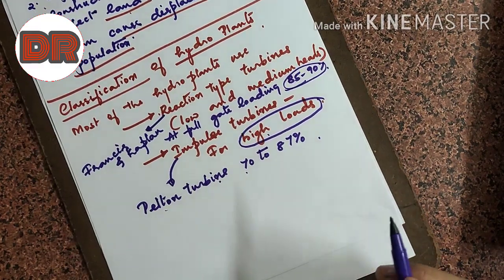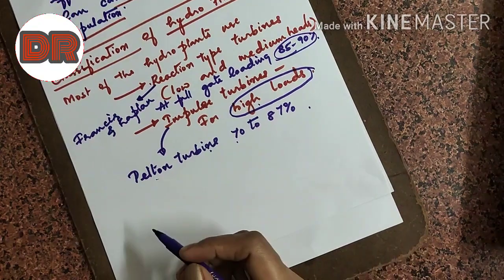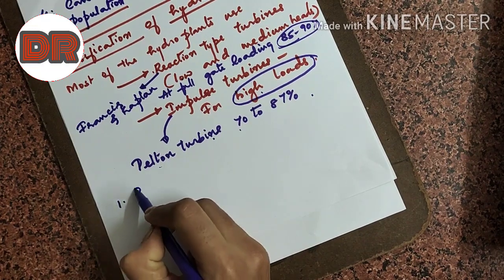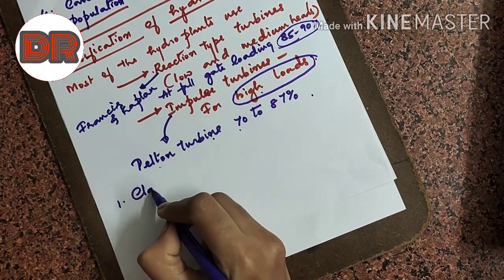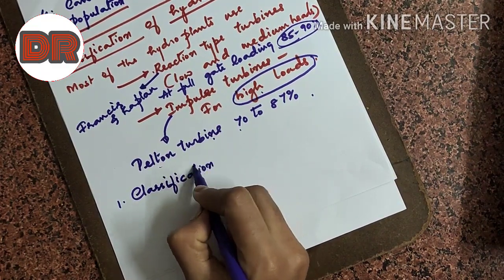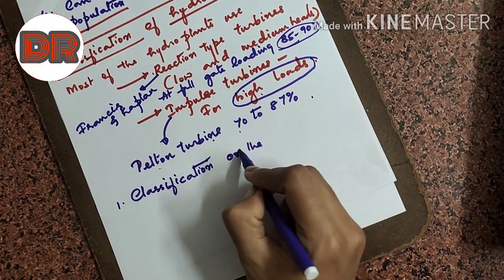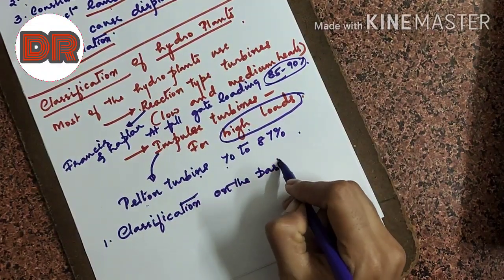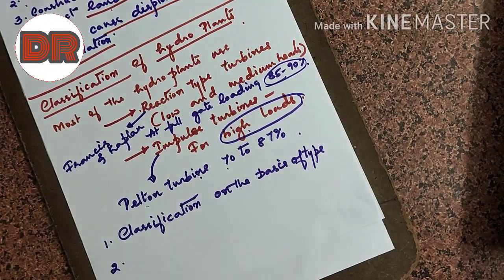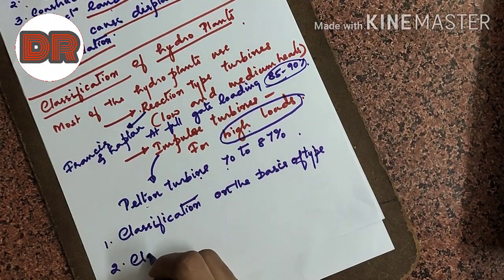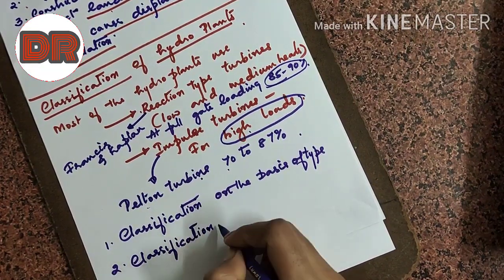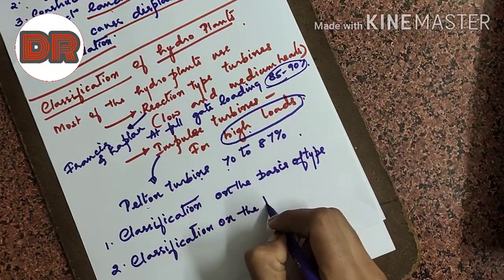So let's see the classification of hydropower plants. There are two types of classification. One is classification on the basis of type, and the second one is classification on the basis of location.